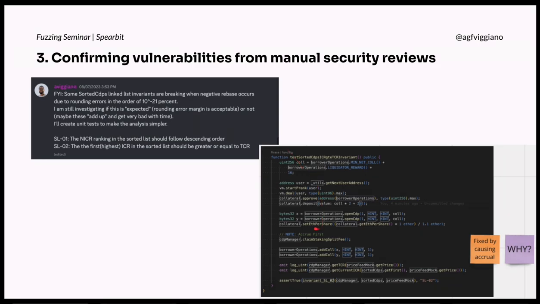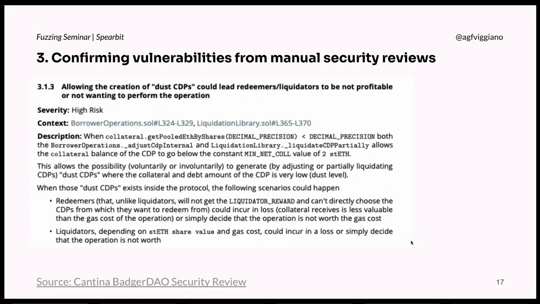This is one example of our conversation where we found that the issue would go away if we would manually synchronize the internal accounting system for staked ETH. By calling that manually, the issue would go away, and the linked list would always be in order. So we eventually debugged it and found that was the root cause, and how to properly fix that broken invariant.